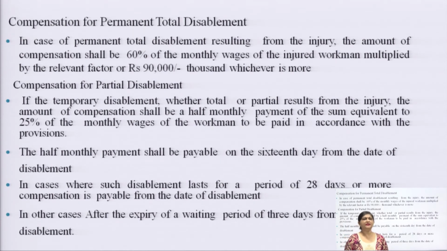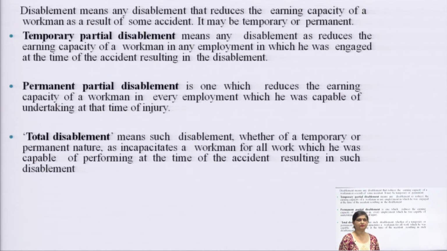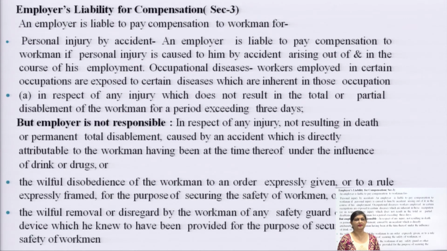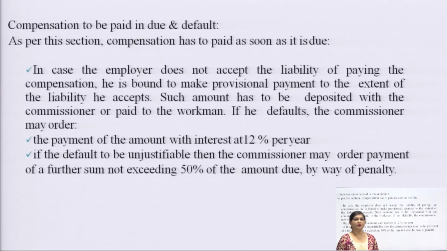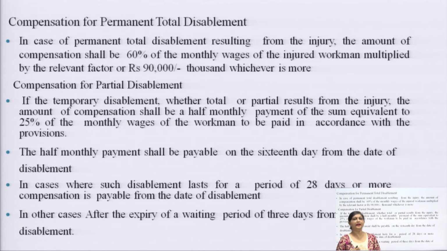Now, next is compensation for permanent total disablement. See, in the last slides we have studied permanent total disablement and partial disablement, and total disablement is where the employee is not able to work anymore.